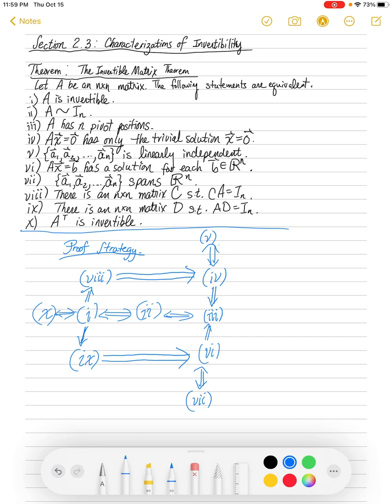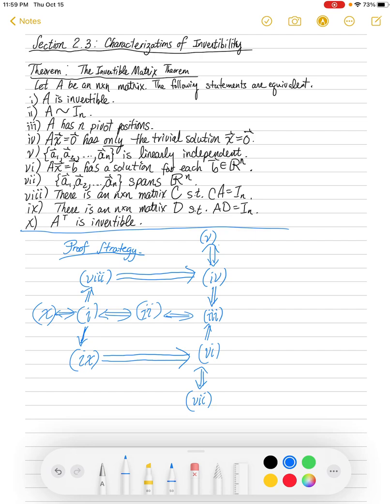Number four, the homogeneous equation AX equals 0 has only the trivial solution, X equals the 0 vector. Number five, the columns of A are linearly independent, or you could say the set of column vectors is linearly independent.